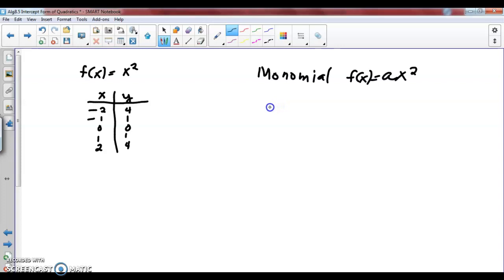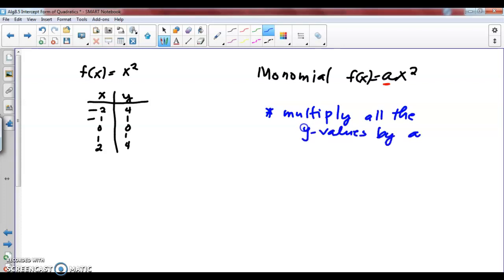If you remember last time, you began with a table of values, right? And after you have identified the value of a, all you need to do is multiply all the y values by a. So the a value is the constant that comes with x squared.